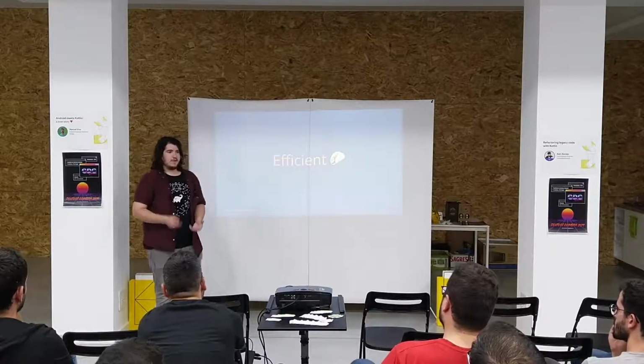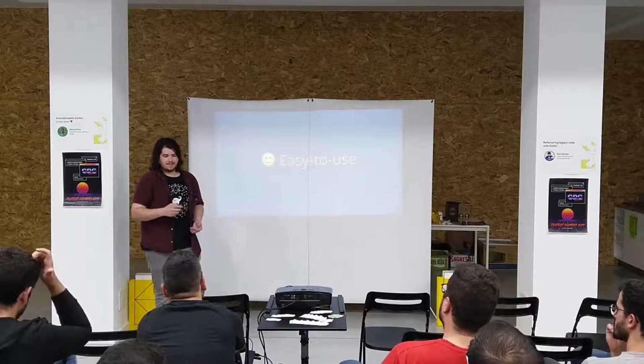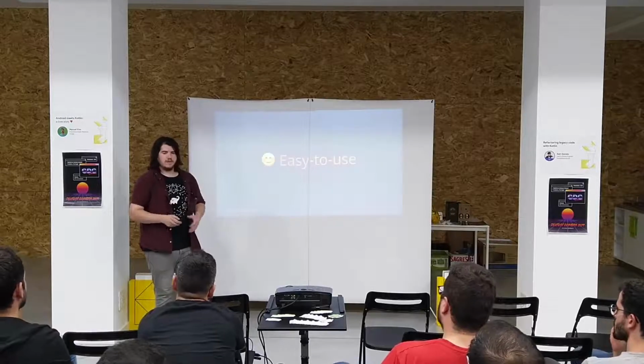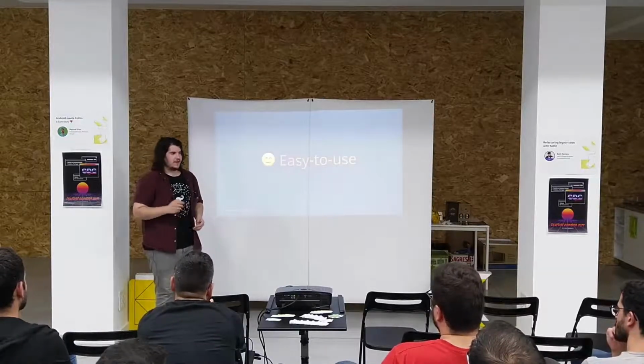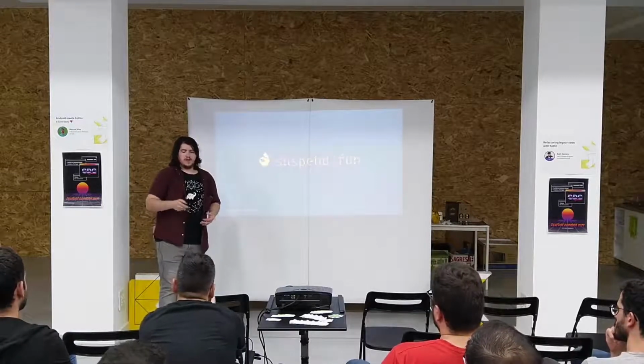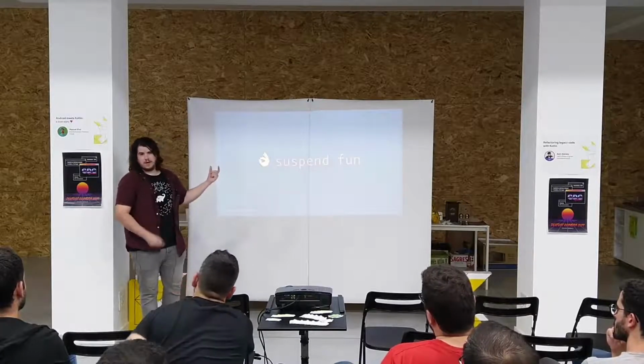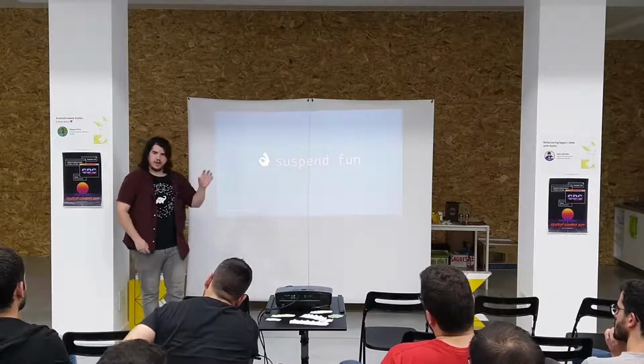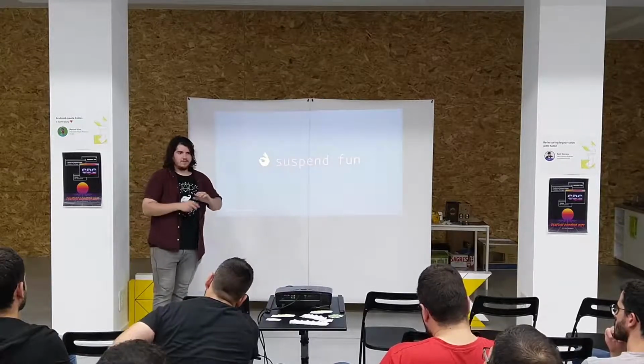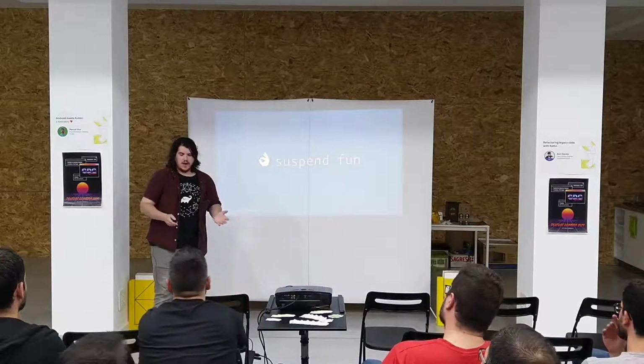It's really easy to use, as you saw from the previous example. The learning curve is quite straightforward. And if you want to have a suspended function or an asynchronous behavior, you simply just have a suspend fun. This one suspend operator is enough to say this operation should be a coroutine. And that's it. That's all you have to do.